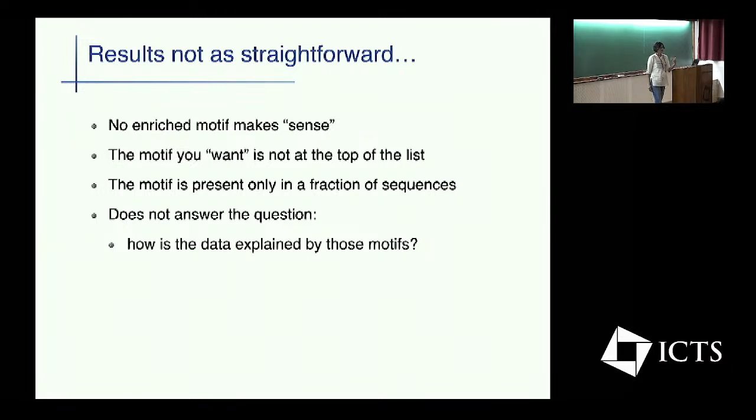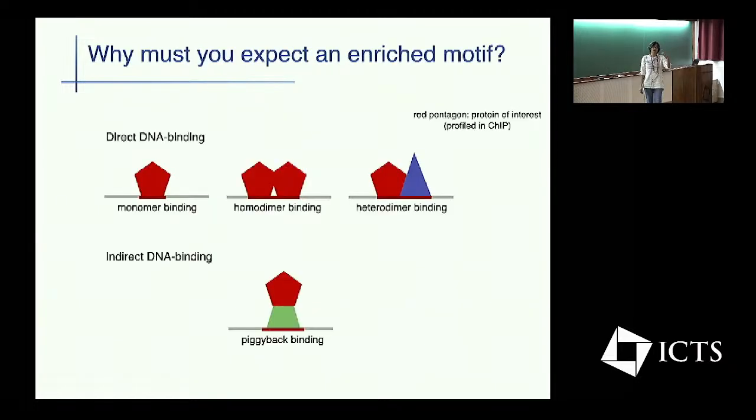So we asked a slightly different question. Why should you even expect a motif to be enriched in your data? If you think about it, you're profiling many different types of protein-DNA interactions. A protein may bind as a monomer, a homodimer, a heterodimer, or indirectly. When you're cross-linking, you get all sorts of interactions in your data set.